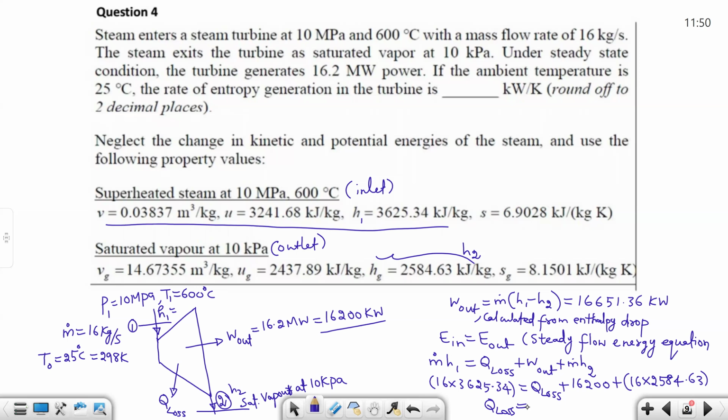So now we just calculate, and the heat loss comes to 451.36. So now we apply entropy balance to find the entropy generation in the turbine.